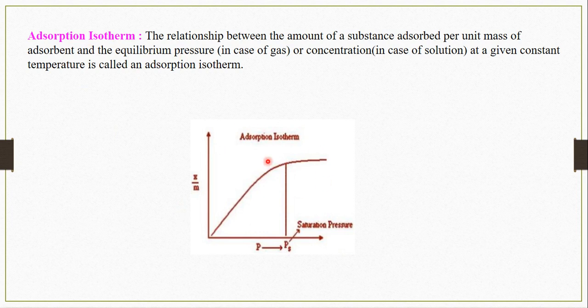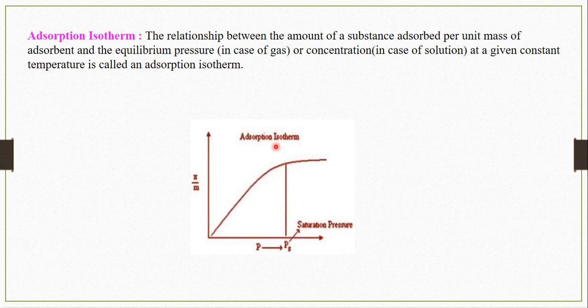The adsorption isotherm is the relationship between the amount of substance adsorbed per unit mass of the adsorbent and the equilibrium pressure in the case of a gas, or the concentration in the case of a solution, at a given constant temperature.